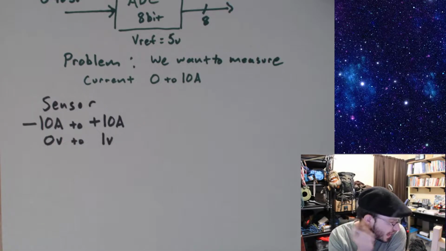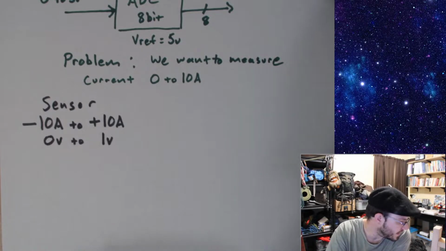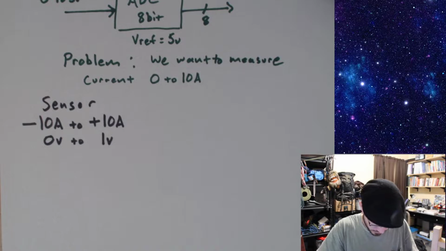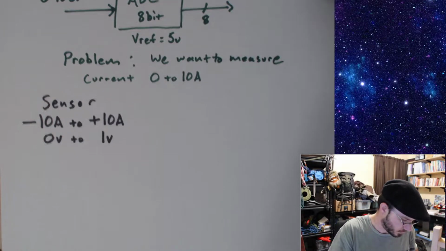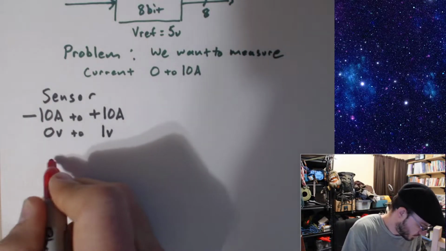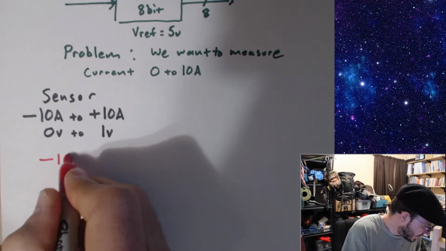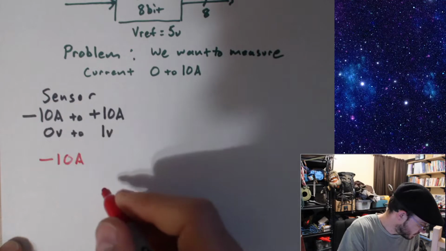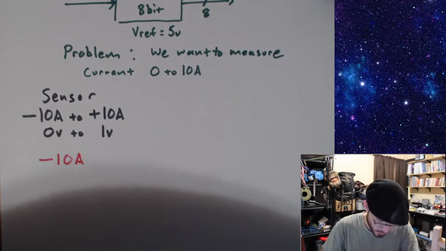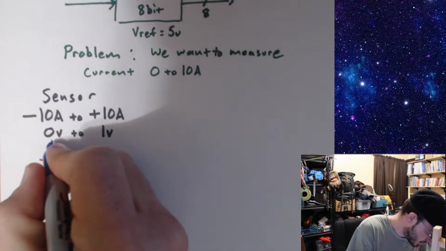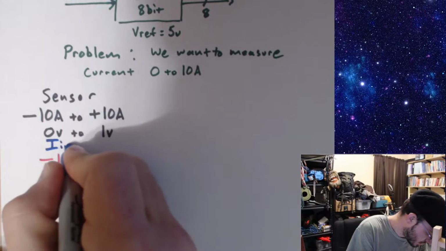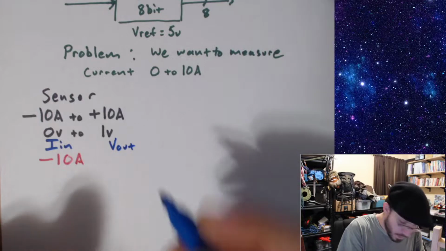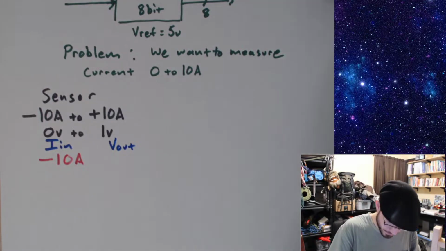And in fact, let's go ahead and write these down. Minus 10 amps. Let's do I in, and let's do V out, from the perspective of the sensor.